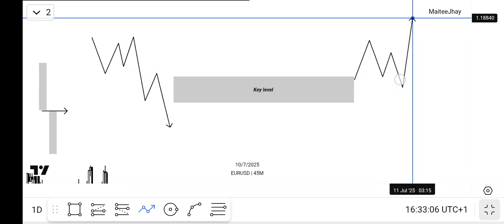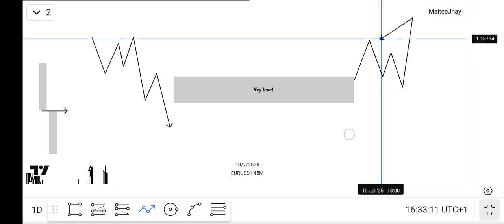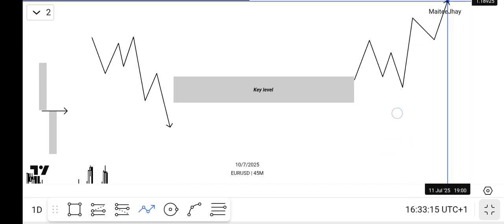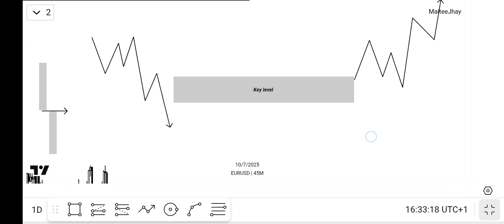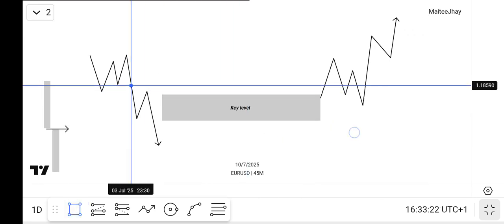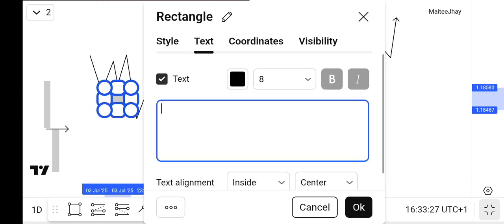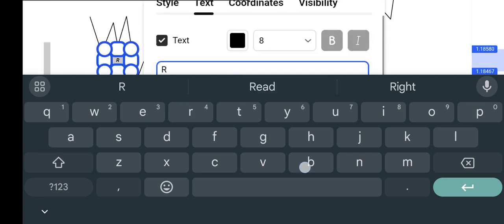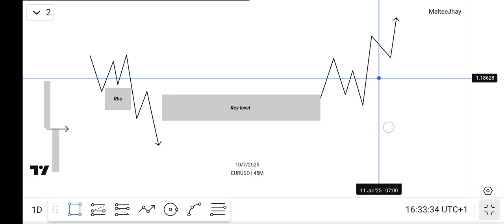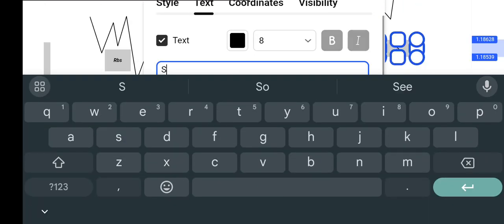The market now breaks above it, making this place a resistance break that will now become our support. So this one is RBS, and this one is SBR.